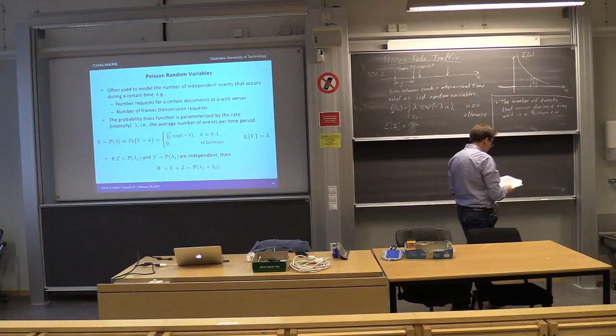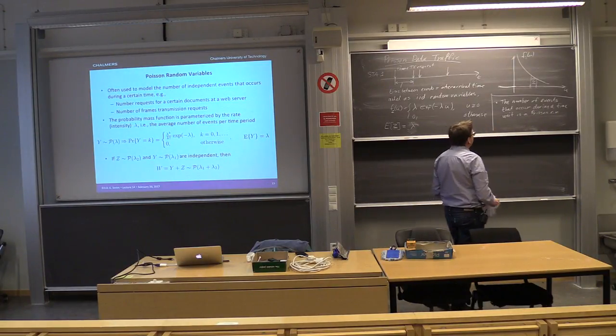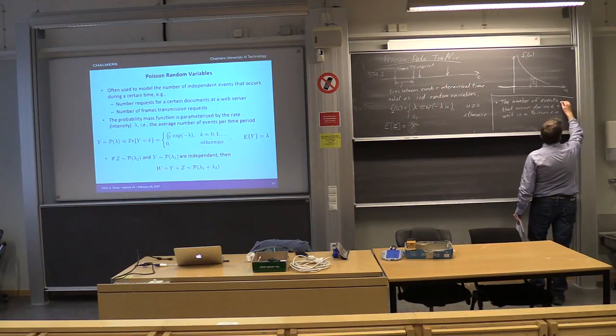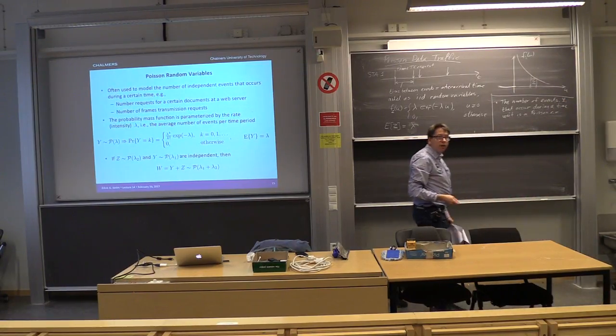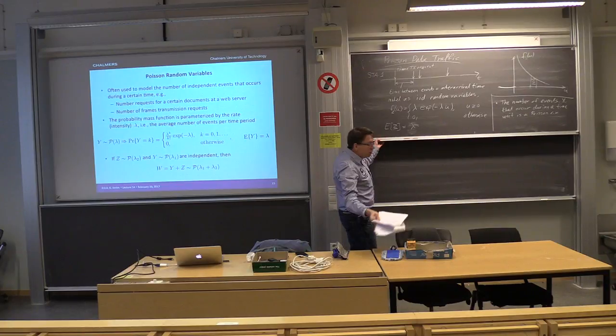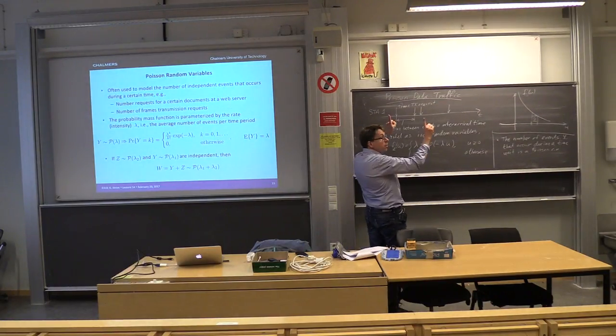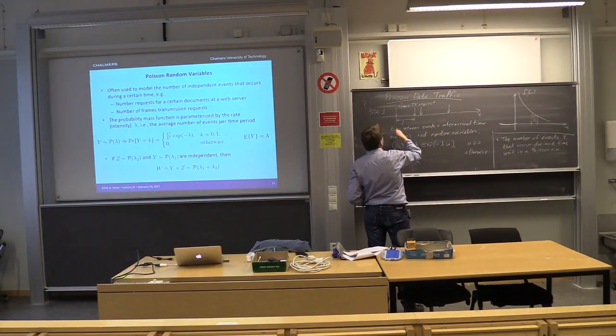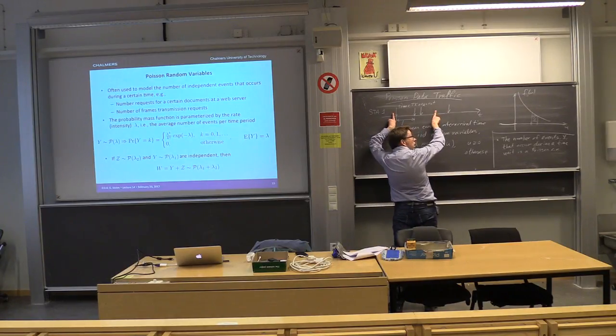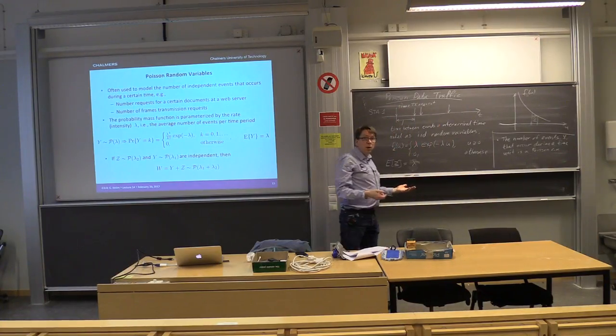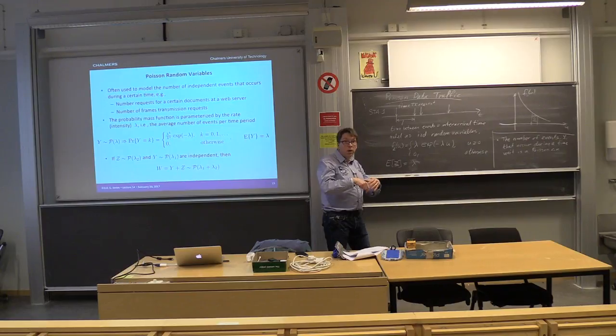So if we call the number of events capital Y, capital Y is a random variable. Think of it as that we take our time unit, whatever it is, take a time interval here, and simply count the number of arrivals we have during that time interval. Okay, sometimes it's 0, sometimes it's 1, sometimes it's 3, maybe it's 16 sometimes.